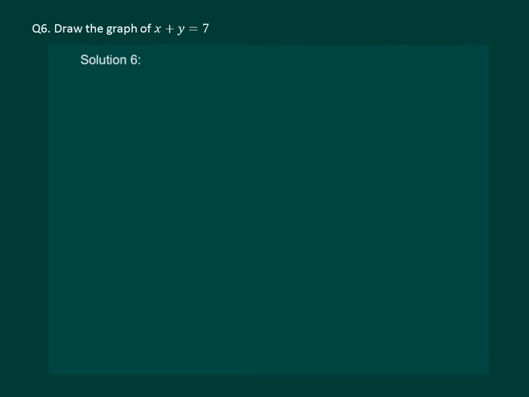Let us read the question. Draw the graph of x plus y equal to 7. Firstly, let us find the solution of this equation. We can transpose y to the other side, then x is equal to 7 minus y.